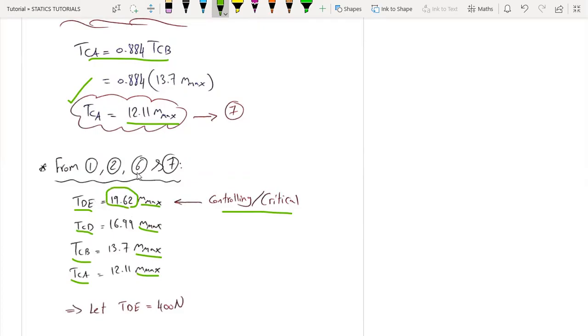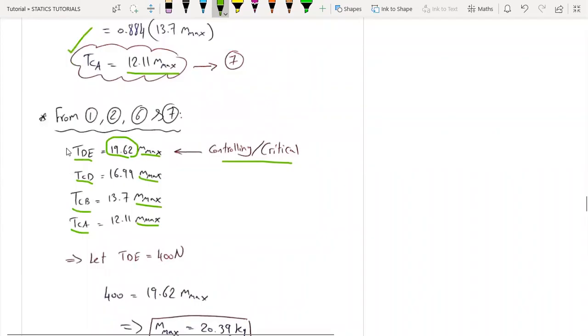Hence I will substitute for every tension force by 400, and you can find out the value of M maximum from each equation, and you will find that you will get M maximum to be the least value from the equation of TDE equals 19.62 M maximum.